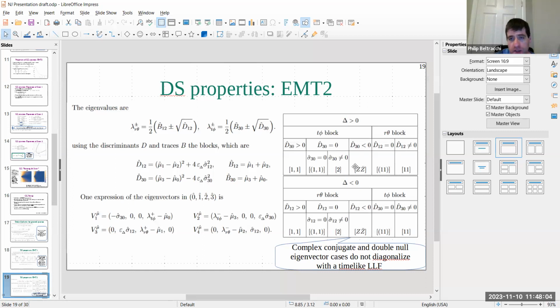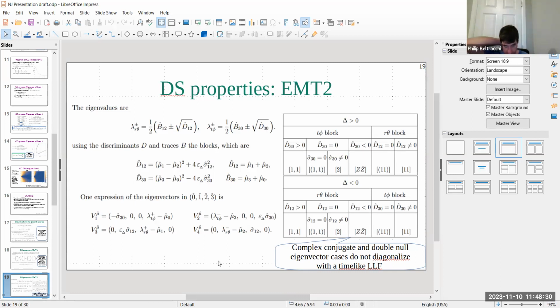This is notated as z and z bar. The r theta block is simpler. We will have two space-like eigenvectors, and they will either have degenerate eigenvalues or no degenerate eigenvalues. If delta is less than 0, the character of the blocks are switched.